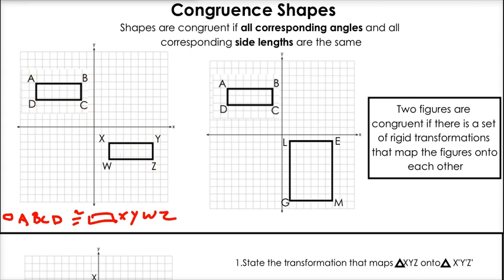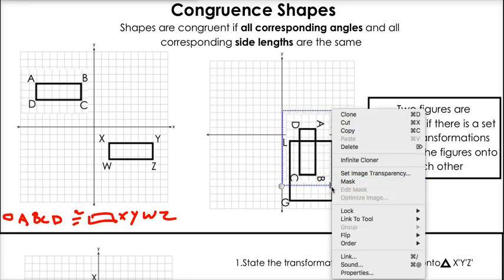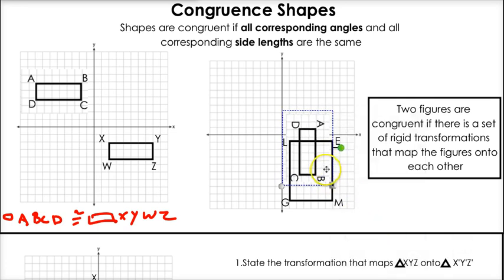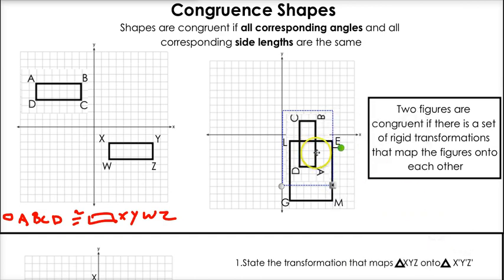Now, is there any way using a rigid motion to map ABCD onto LEMG? Well, let's try it out. We can try translating it. That doesn't work. They don't map perfectly on top of each other. We could try rotating it. Nothing's happening there. We could even try reflecting it, flipping it. Didn't do anything, right?